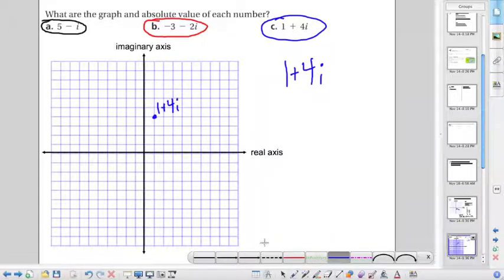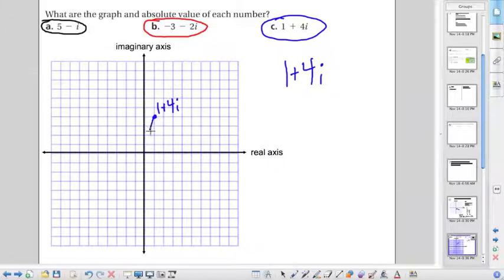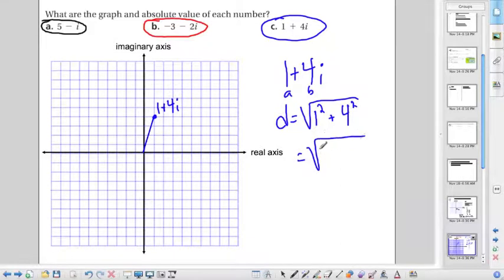We now connect a segment from the point to the origin and find the distance. So the distance is the square root of 1 squared plus 4 squared, which is the square root of 1 plus 16, which is the square root of 17. And that is our distance, the square root of 17.